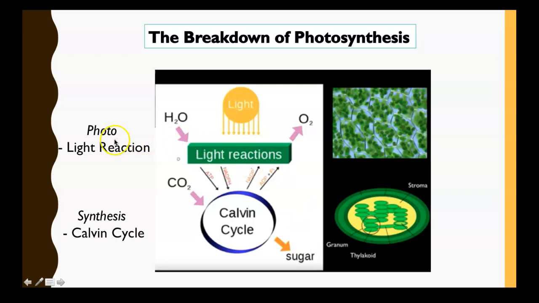Okay, so these two parts of photosynthesis work together to ultimately go from light energy to chemical energy so that the plant can use this chemical energy to make ATP for itself, which is super important. So essentially that is the breakdown of photosynthesis, and we are going to be going into this process more later in the week.